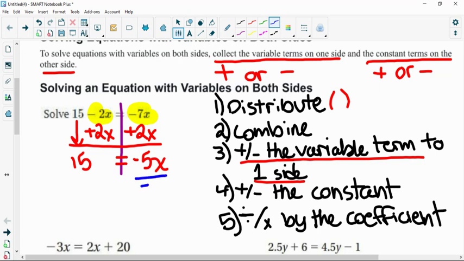So I divide by negative 5 on both sides of the equal sign. The negative 5 divided by negative 5 reduces to 1x, leaving me with 15 divided by negative 5, which is negative 3.